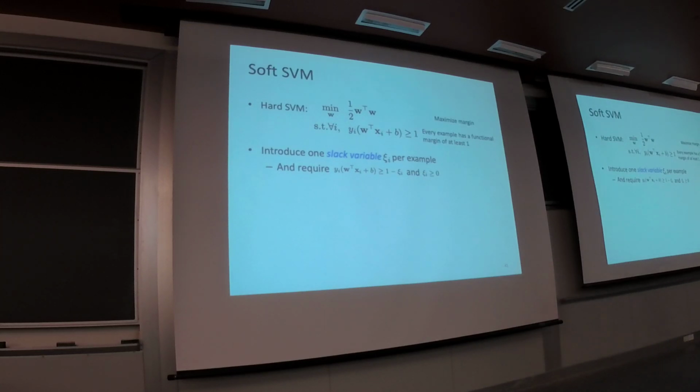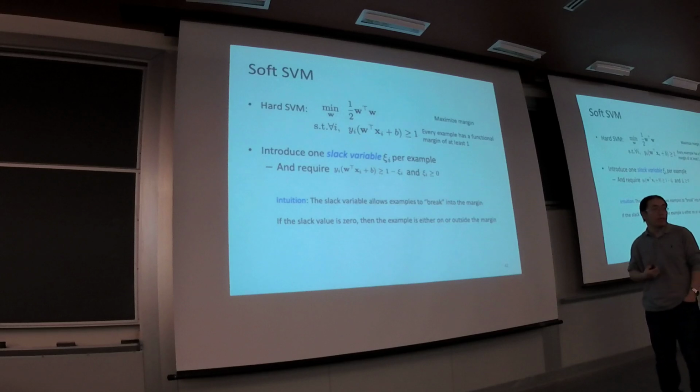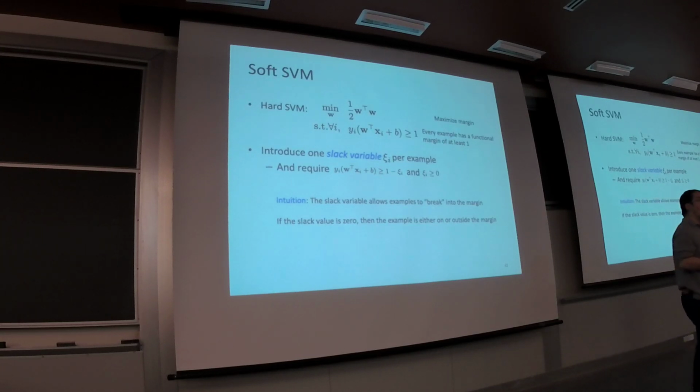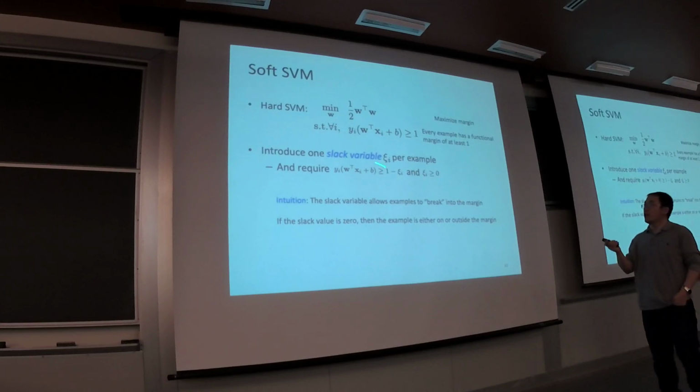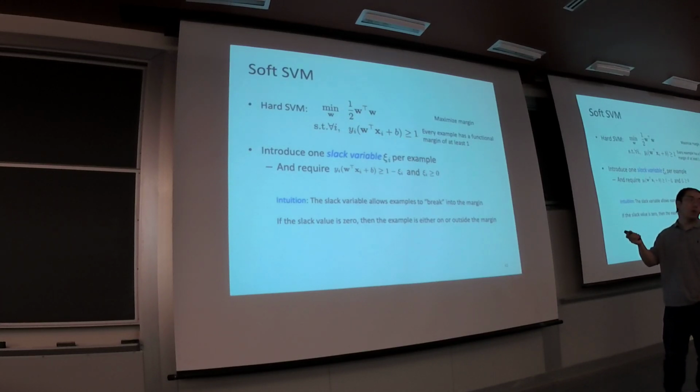Now, if xi is bigger than 0, what does it mean? It breaks into the margin. Yes, exactly. We want to add flexibility so that some examples can break into the margin. If xi is bigger than 0, then this hard constraint won't be satisfied; only the soft constraint is satisfied.